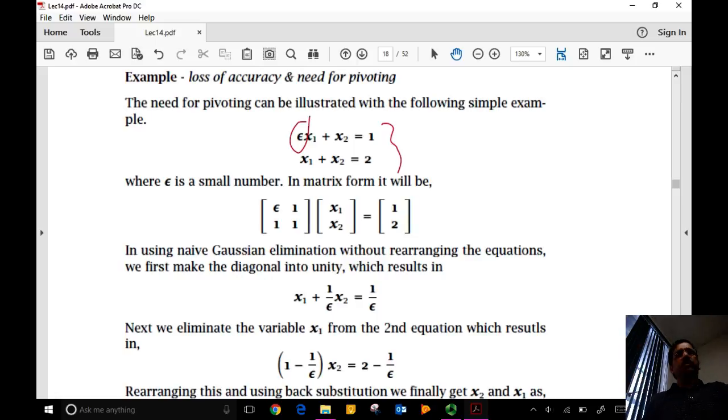Okay, well, what should the solution be? If epsilon is 0, the first one tells you x2 equal to 1, right? If x2 equal to 1, x1 is equal to 1. So 1, 1 is the correct answer as epsilon approaches 0, right?